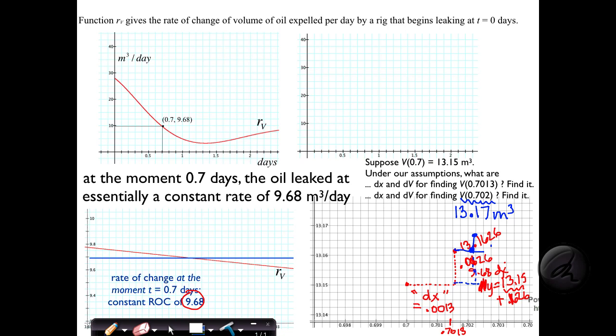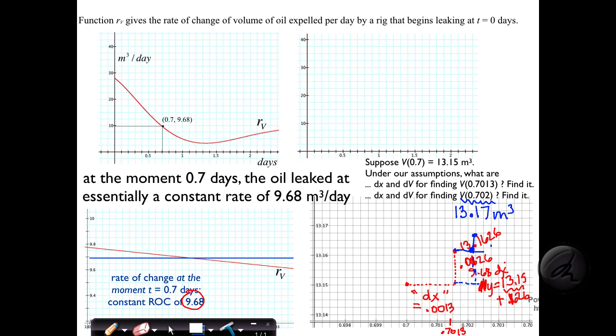By the way, if I had something that was a negative rate, something like a rate of decreasing by 2 cubic meters per hour, something draining away. If I were looking at a graph of my rate function, realize that that would be negative y values. Not necessarily exactly constant, but in small intervals, I'd have negative y values that stayed relatively the same.